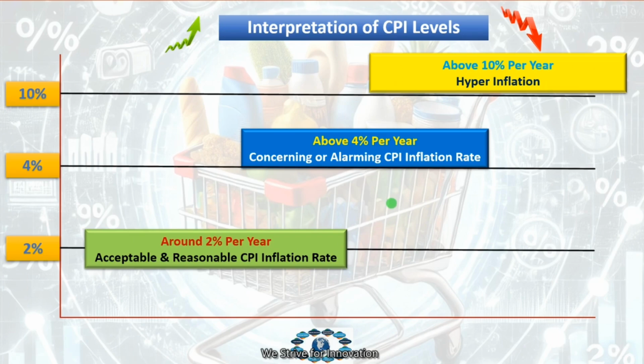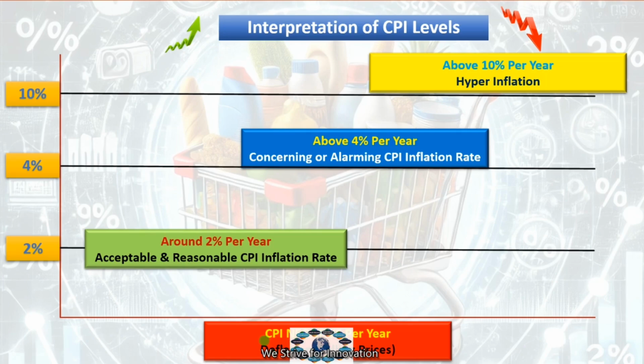It's very dangerous. The worst of all, if you have a CPI that's negative per year, we call it deflation. Prices are falling. While not related to a high CPI, it's worth noting that a negative CPI, or deflation, can also be alarming.